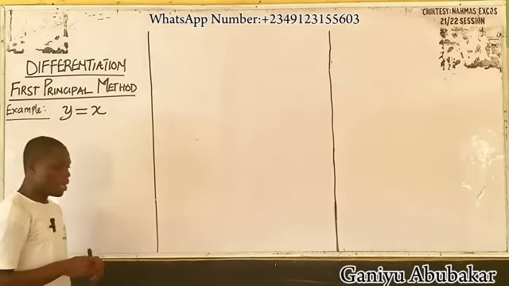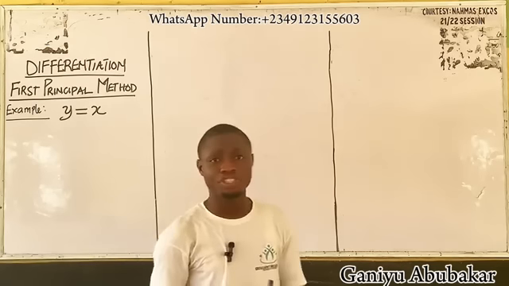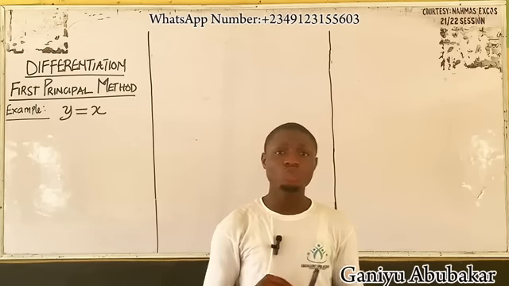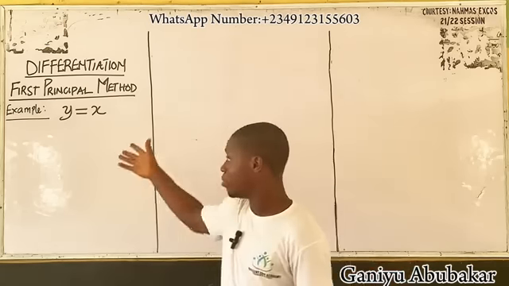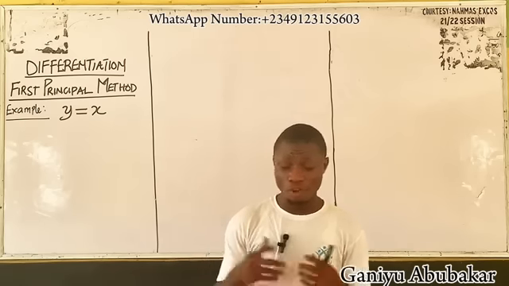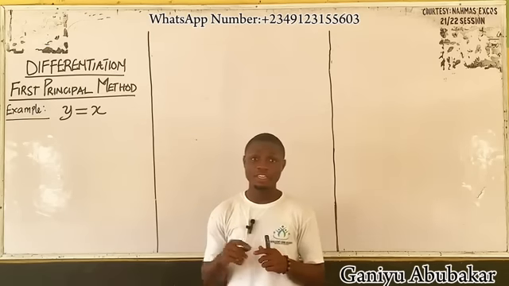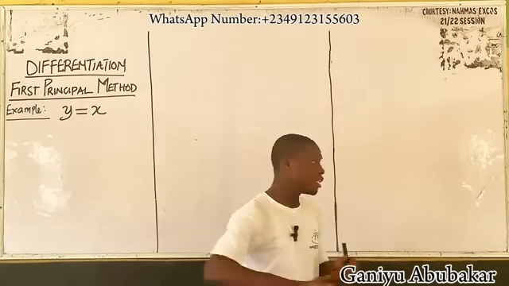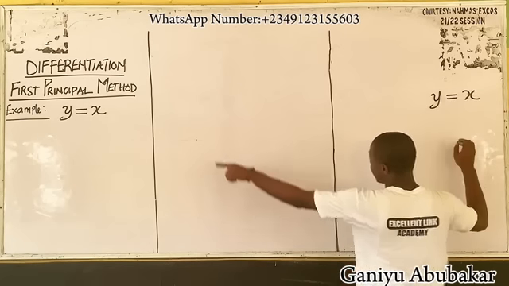Before I use first principle here, let's do a quick recap on the general method. The general method is simply a shortcut, while first principle is like a long procedure, a long cut per se.